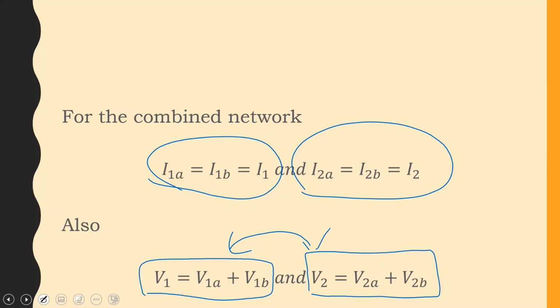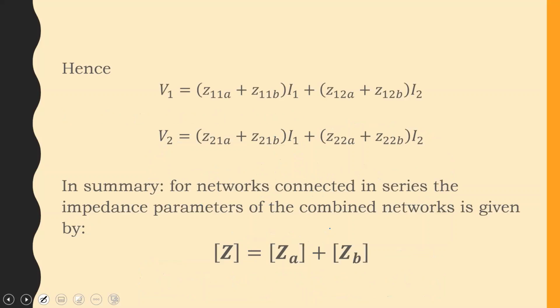So in adding the two equations, and making the necessary substitutions, I've just skipped out two lines from what I did with the admittance, but you already would have seen the approach taken for the admittance. So in summary, if we have two networks in series, then Z is equal to ZA plus ZB.